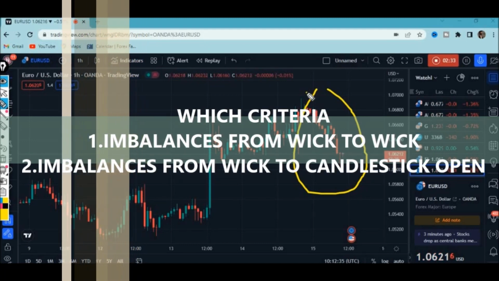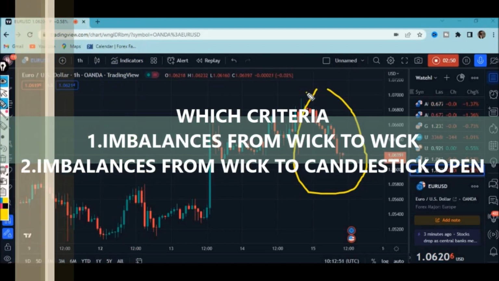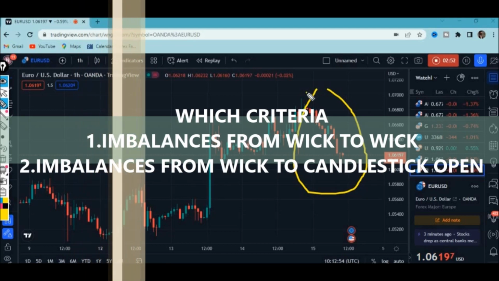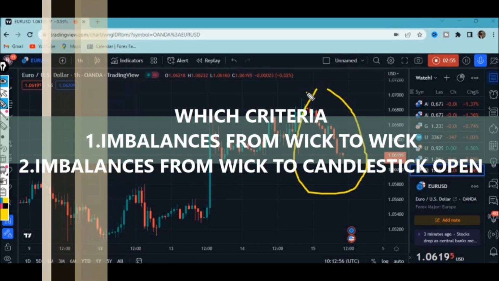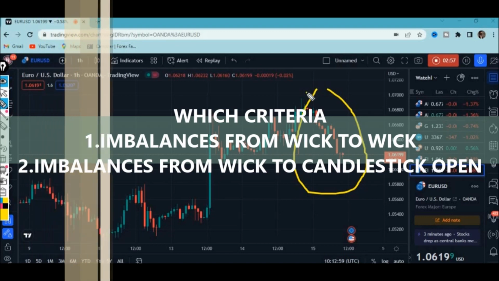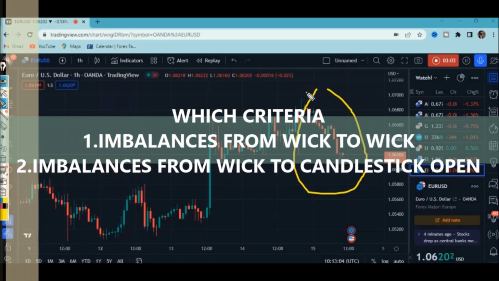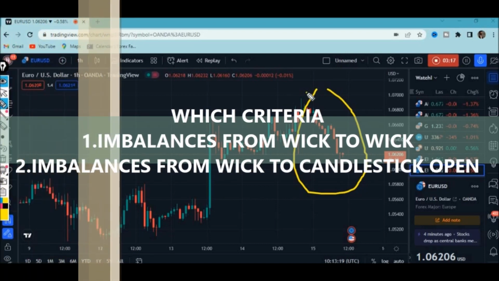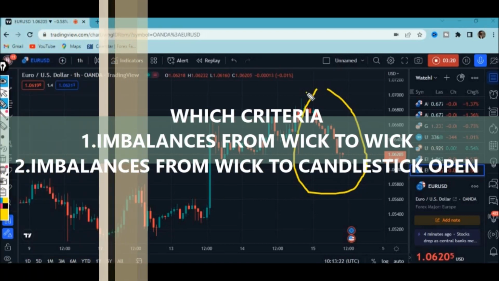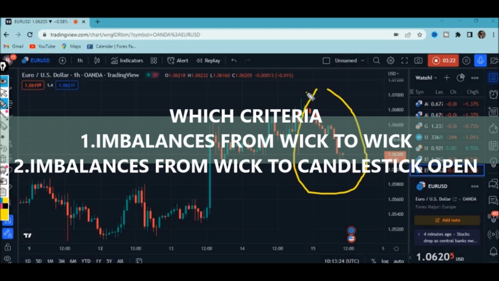Number one, the owner says the indicator should easily find clear buy or sell candles with imbalances created. Remember, imbalances simply mean there is unfinished business around that zone. And let me tell you, it uses imbalances from wick to wick and imbalances from wick to open of candlesticks.